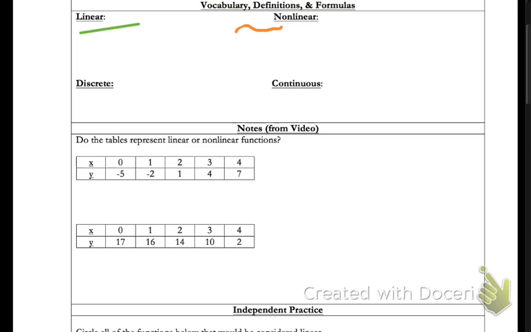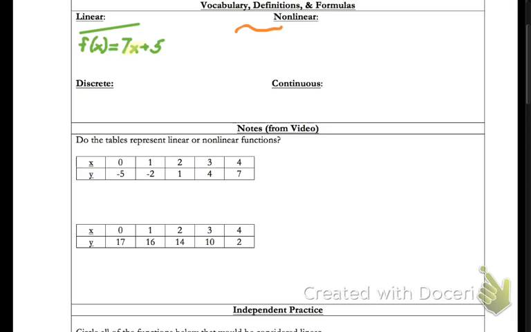When we talk about linear functions, they are equations like f of x is equal to 7x plus 5. This is linear. Now, why is it linear? Because its biggest power is x to the first. You'll notice in here we have just an x. So that makes it linear.